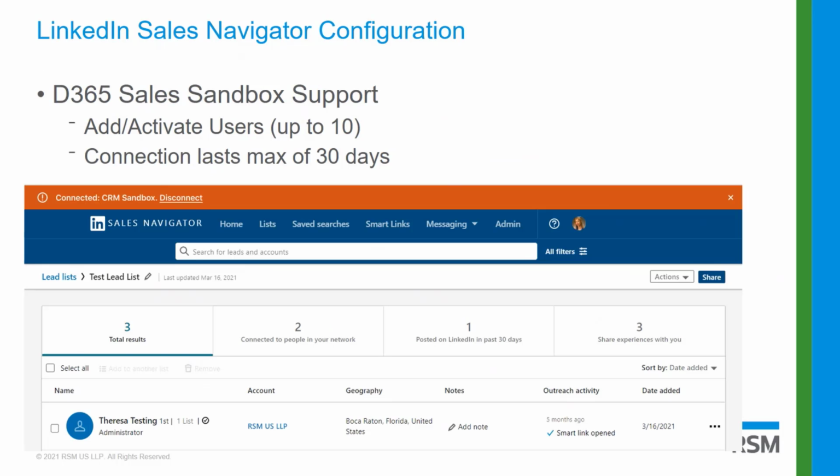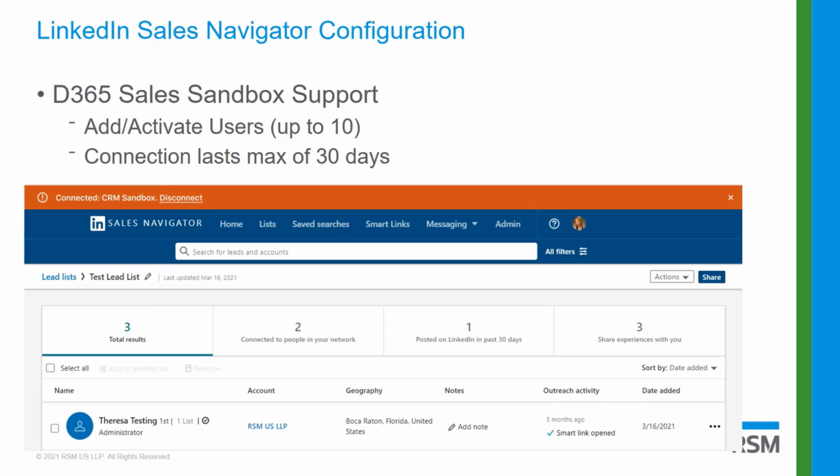Now, I was going a little bit too fast. I was just talking about the Sales Sandbox support, right? So this is simultaneous. You don't have to disconnect from your production and then reconnect to your Sandbox. No, you can connect them simultaneously.